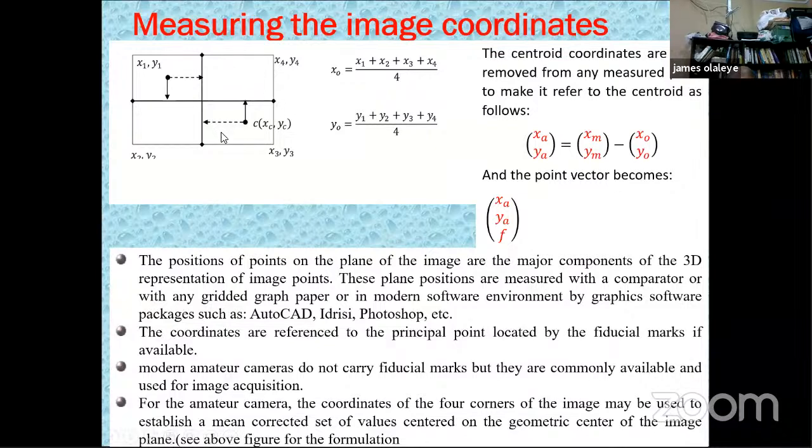What is done is, when you load the image into AutoCAD or other graphic software like Idrisi, like ENVI, like the ArcGIS image module, or any other image processing software, you can actually read off the pixel values.